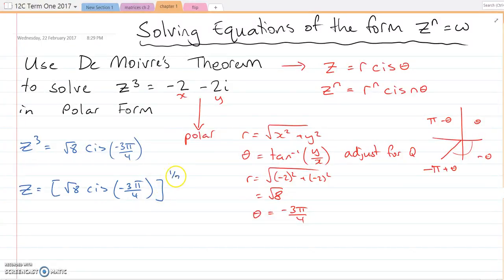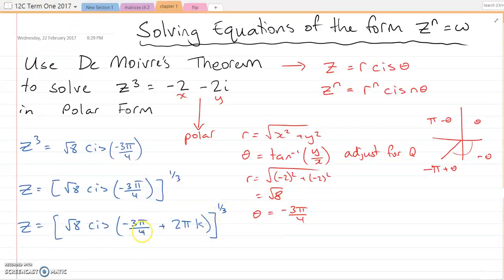The only adjustment we have to make is to change this angle, because negative 3 pi over 4 is the same as if I added 2 pi, a full circle, I'm going to have the same angle.